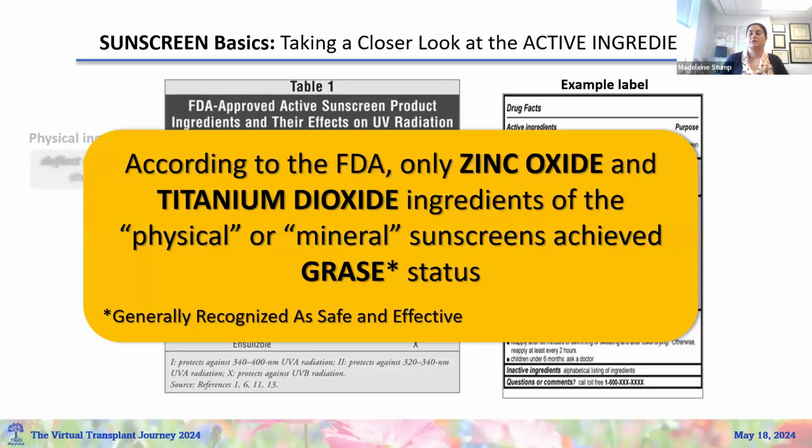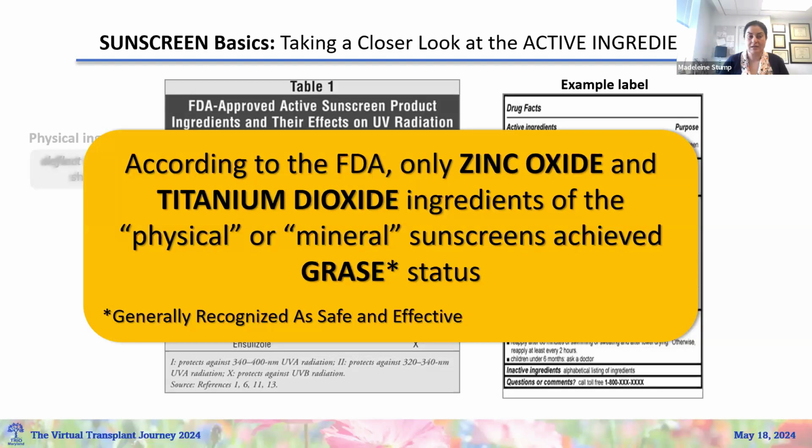According to the FDA, only zinc oxide and titanium dioxide, the ingredients of the physical or mineral sunscreens, achieve what is called GRASE status, or generally recognized as safe and effective. You might have heard there is a lot of talk about whether the chemical ingredients are safe. The FDA issued a report in 2021 where they evaluated all of the possible chemicals that could go into sunscreens and have only deemed these two, zinc oxide and titanium dioxide, as safe and effective.